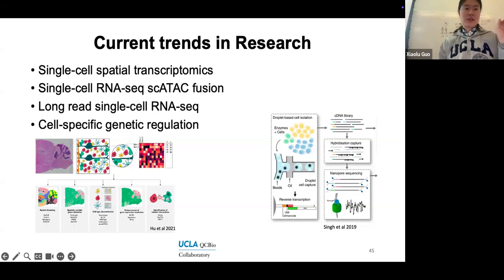ATAC is kind of the starting point of transcription, and RNA-seq is the readout, the output of the transcription. There are technologies that combine them for the same cell. And also long read single cell.